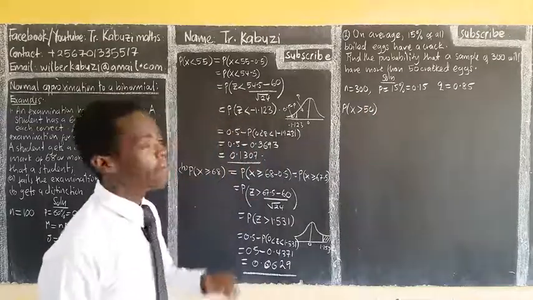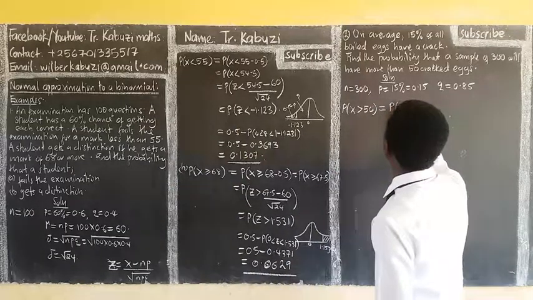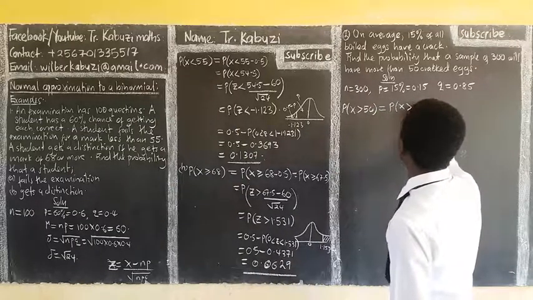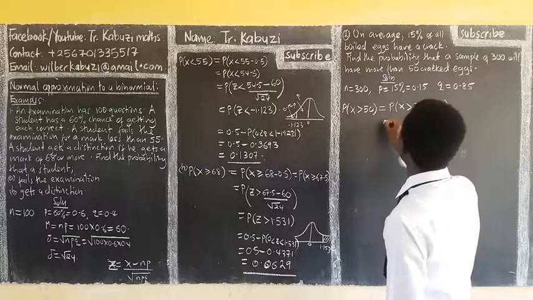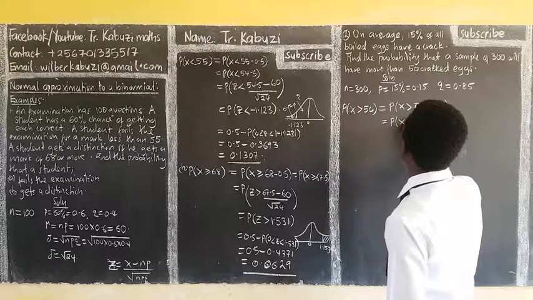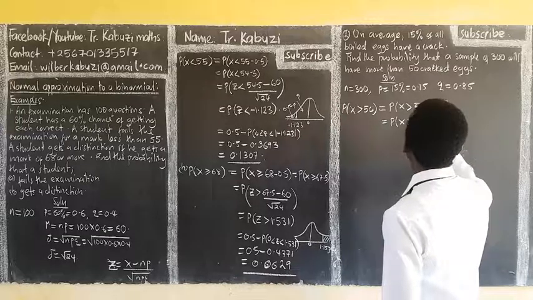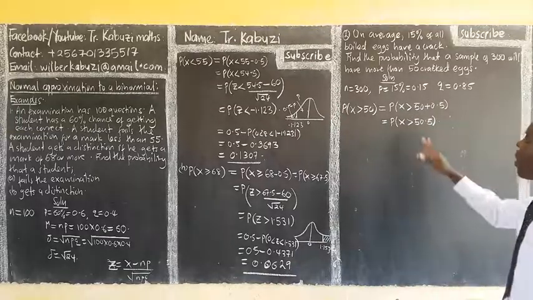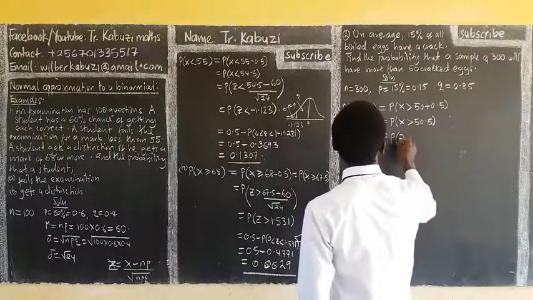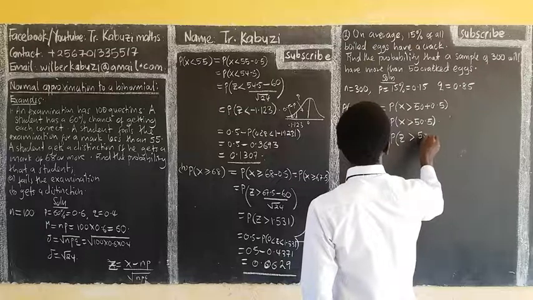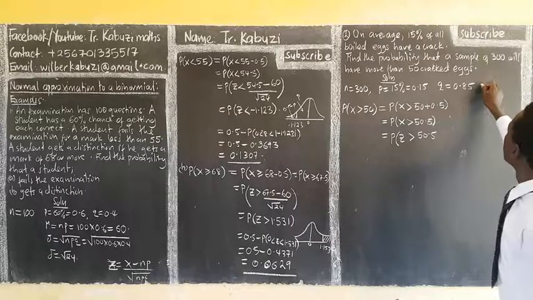Now we must convert that to continuous, which will be the probability of x greater than 50, and since it's greater, we add 0.5, which will be the probability of x greater than 50.5, as simple as that. Now after that, you standardize this. You say this is the probability of Z greater than 50.5 minus mu, over sigma.